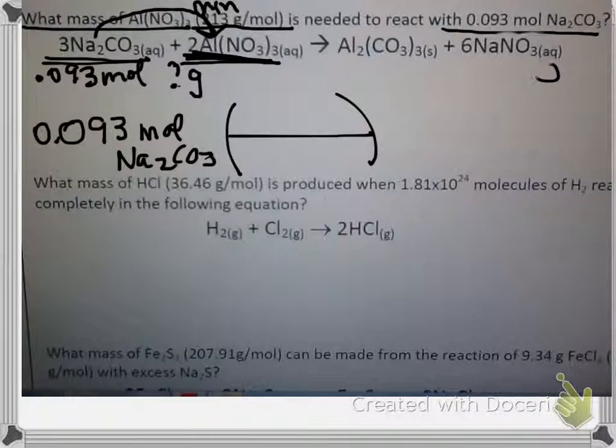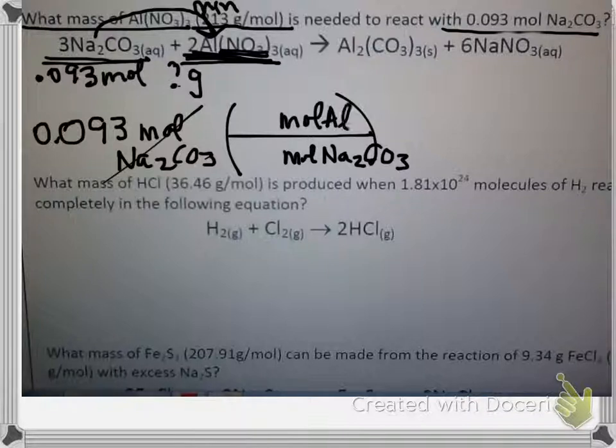So now we're going to do our mole-to-mole. We're given moles of sodium carbonate on top, so we're going to put moles of sodium carbonate on bottom. And we're asked to calculate aluminum nitrate, so we're going to put our aluminum nitrate moles on top. I never actually write inside my parentheses, I'm bad like that.